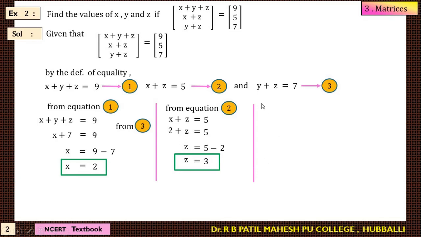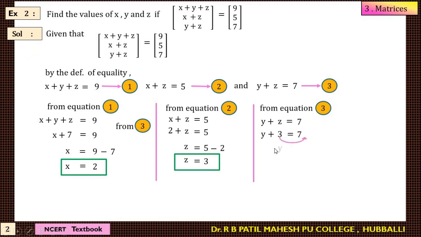So next, equation 3: y plus z is equal to 7. Now we know the value of z. Okay, now you replace z by 3. Now you will get y plus 3 is equal to 7.